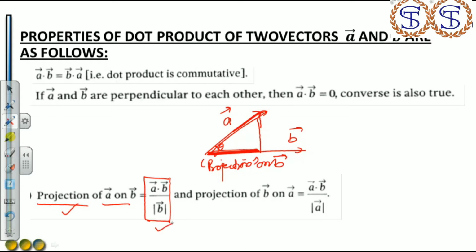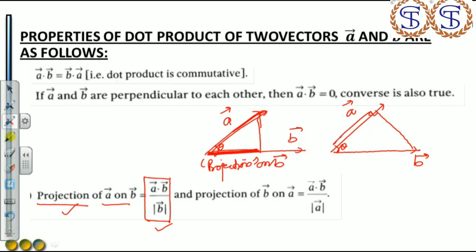And if we want to find the projection of B on A, in a similar way, if here it is A, here it is B, and the angle between the two vectors, and we now want to find the projection of B on A, then draw the perpendicular on this vector.